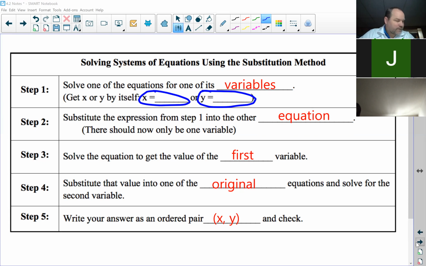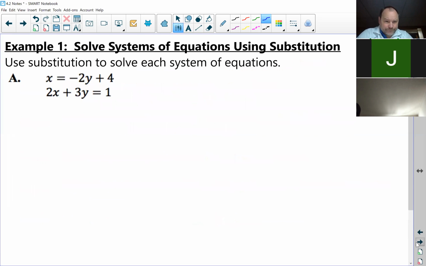All right, moving forward. So, solve the system of equations using substitution. Use substitution to solve each system of equations. So the first thing we're going to look at, if we're going to use substitution, do we have an equation in the form x equals or y equals given to us?